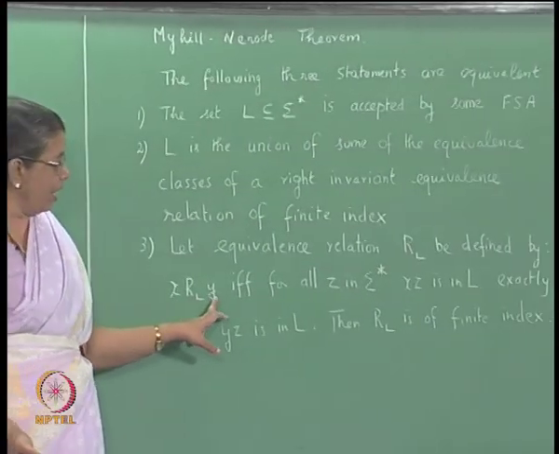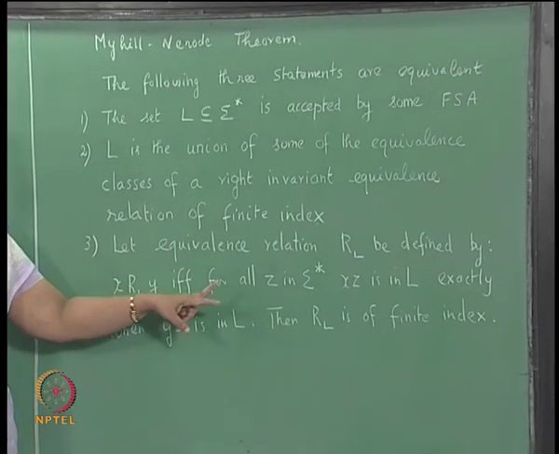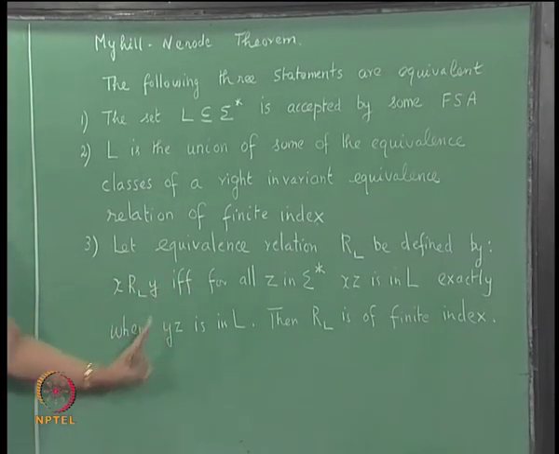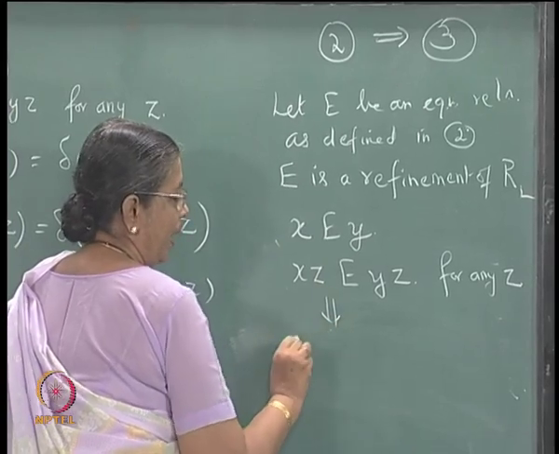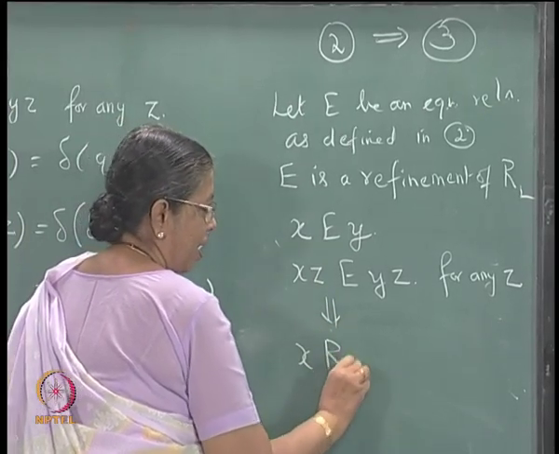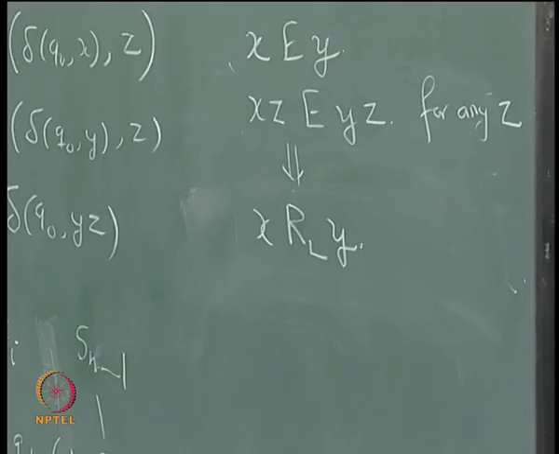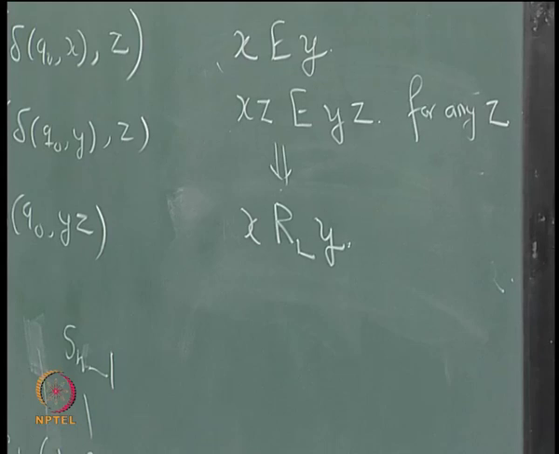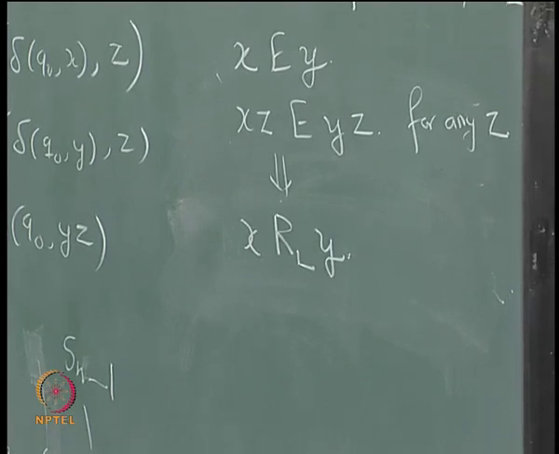x RL y if and only if for all z in sigma star, xz is in L exactly when yz is in L. So, that means if this holds, x and y are also related by RL. Is that clear? What does that mean?